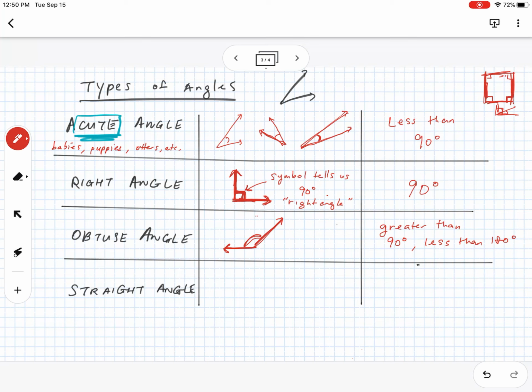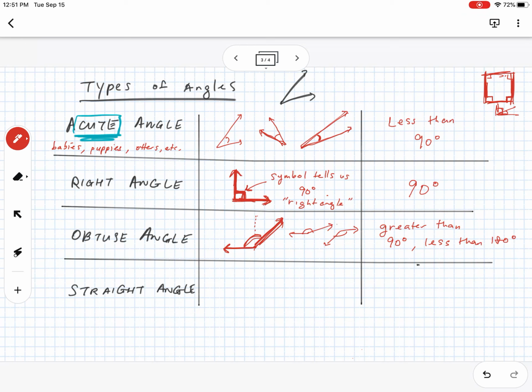But it went over this way, and so that's what we call an obtuse angle. Okay, so some other examples here. There's another one. There are only so many ways to really draw obtuse angles, but there they are. Bigger than 90 degrees, less than 180.